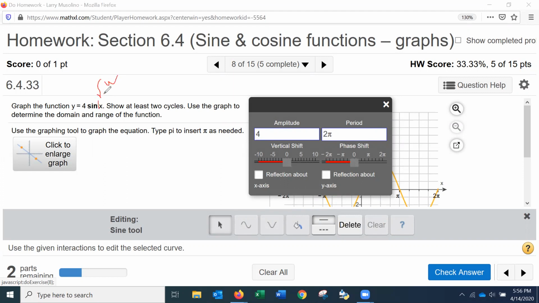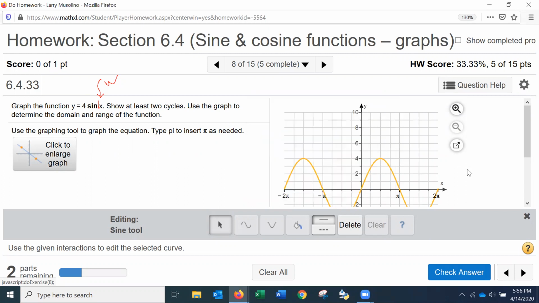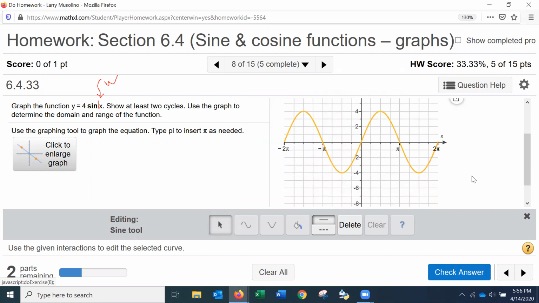So our period is 2 pi over 1, which is just 2 pi. So I have graphed this function by plugging into this menu here. I entered an amplitude of 4, period of 2 pi, and my MATLAB has graphed it for me.